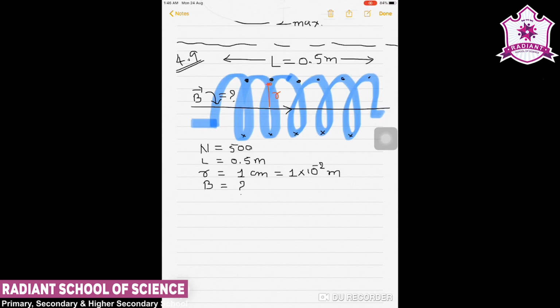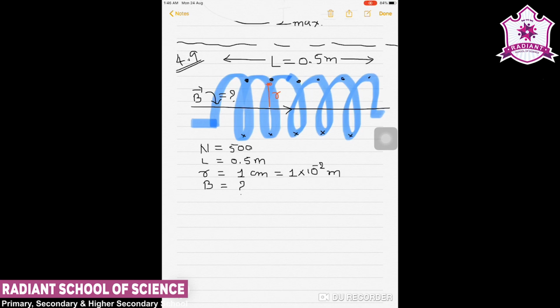So if this is the direction of current, we can say that the magnetic field will be along the axial line, moving from left to right, which is indicated by the black arrow in the middle of the solenoid.